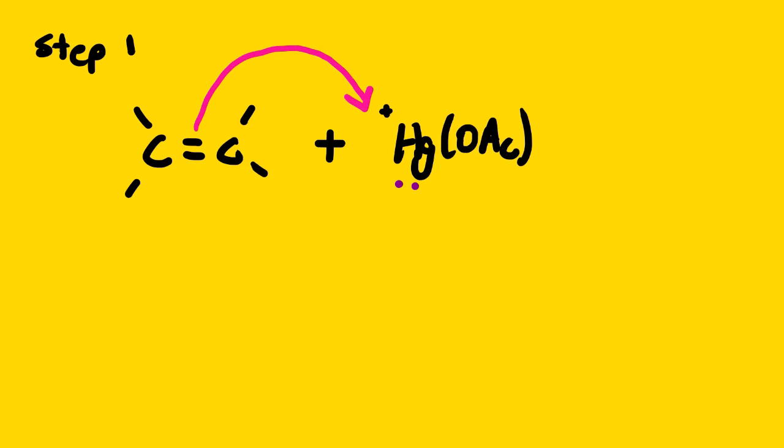At the same time, this double bond attacks this carbon. It's an electrophilic attack. So you can see that we don't have the rate limiting step whereby the carbocation ion is formed. Therefore, we don't have any rearrangement. Our product, we are going to have something like this.